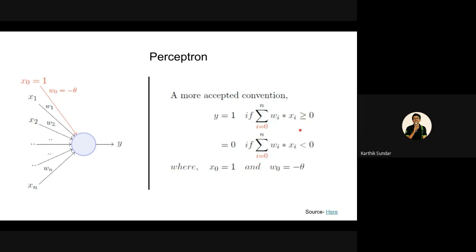So it is too harsh a thresholding logic. What I mean by too harsh is, let's say this sigma WiXi is 0.49. If it's 0.49 and the threshold is 0.5, you'll still give it a 0. Even though the summation is so close to the threshold, you'll still predict it as 0.